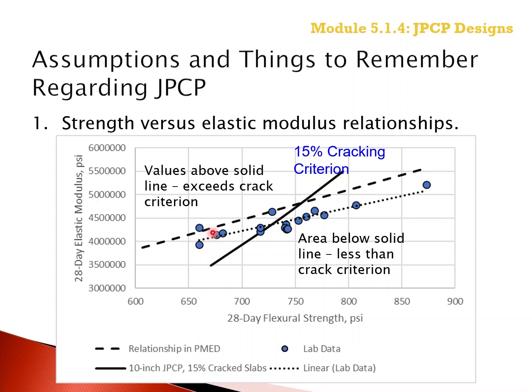Any values computed by the regression equation in the software or measured in the laboratory that have higher elastic modulus are going to exhibit through the software more cracking, because the tensile stress at the top of the slab will be higher, because the elastic modulus is higher for the same modulus of rupture.